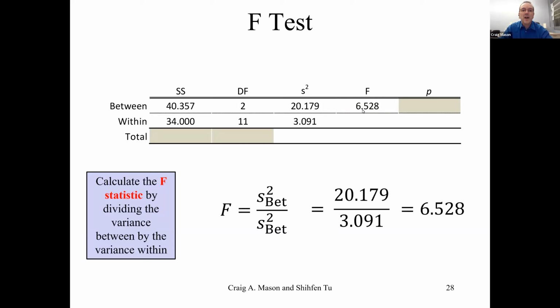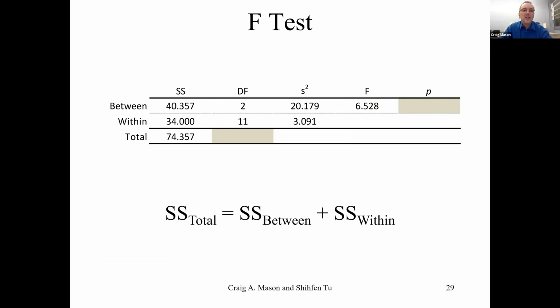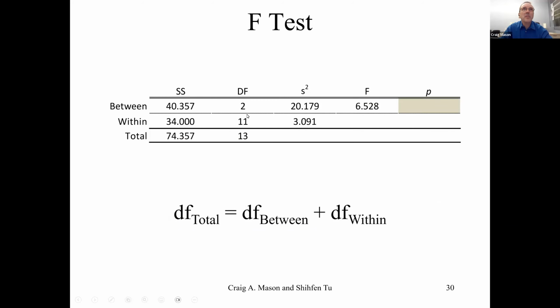Okay, almost done. We can then do the total sum of squares, which is just the sum of squares between plus the sum of squares within. You just add them up, it's 74.357. Degrees of freedom, we do the same thing. Add up our degrees of freedom between and degrees of freedom within. We get the total degrees of freedom is 13.